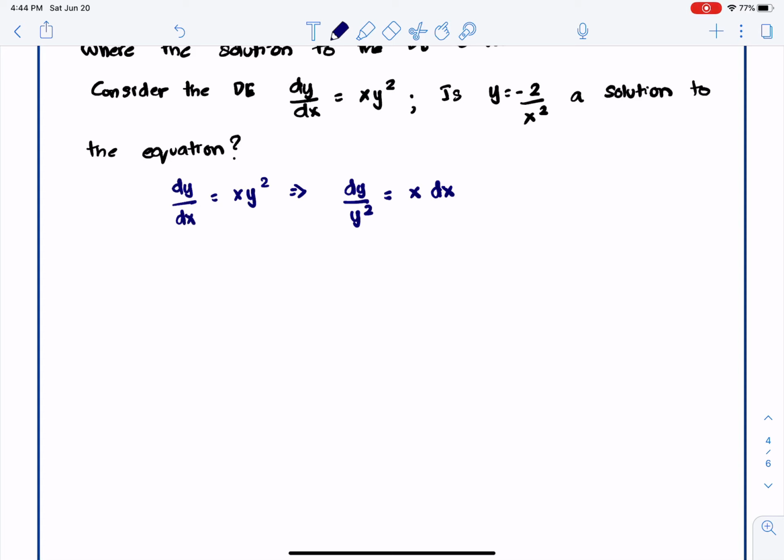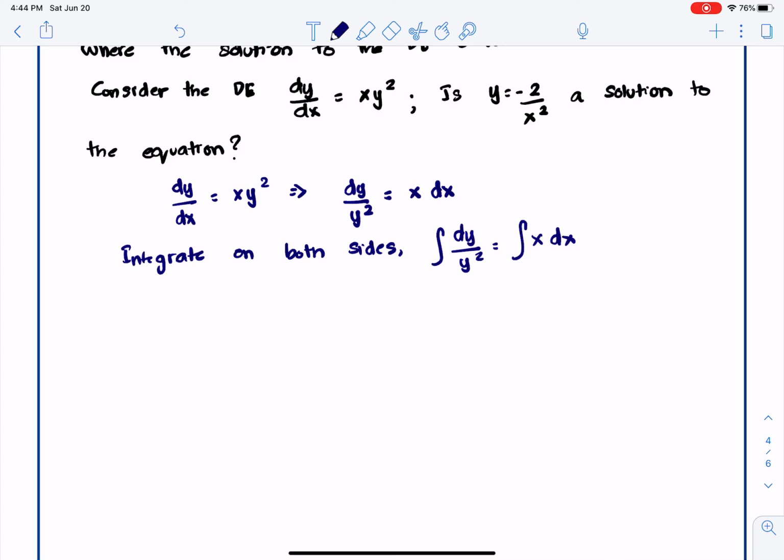Now, the simplest way to find a solution here is by integrating. We will cover this later on. So I'm going to integrate on both sides. So the integral of dy over y squared is equal to the integral of x times dx.